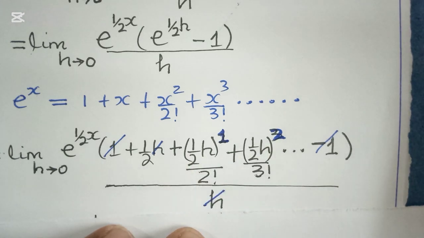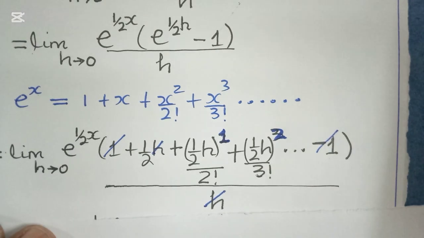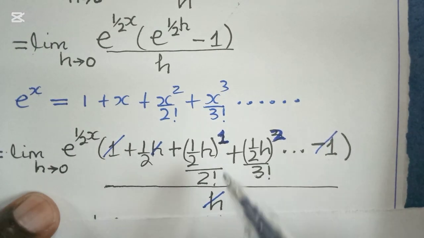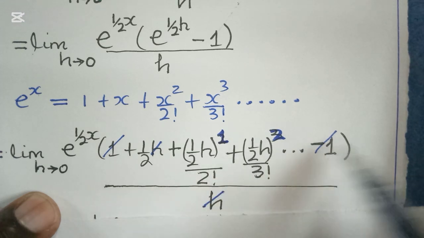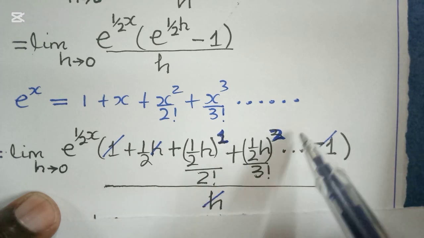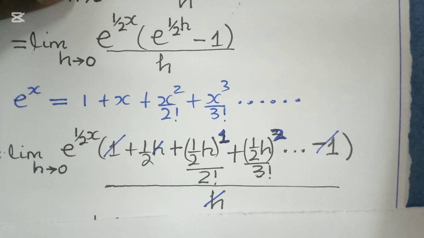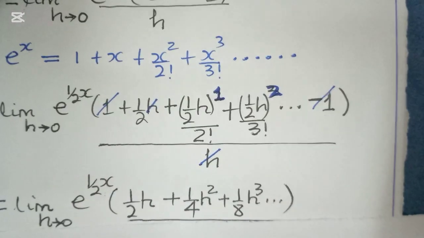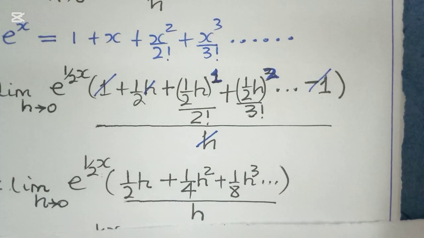But now, guys, as long as h tends to 0, all these are going to be 0 up to wherever they reach. All these are going to be 0. And so therefore we are going to have only a half left.